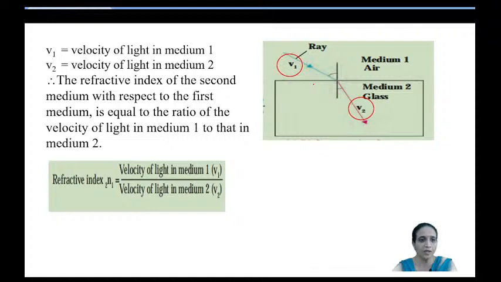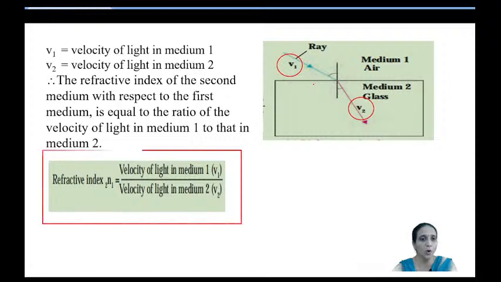So you will see over here, the refractive index of the second medium with respect to the first medium is equal to the ratio of velocity of light in medium 1 to that in medium 2.